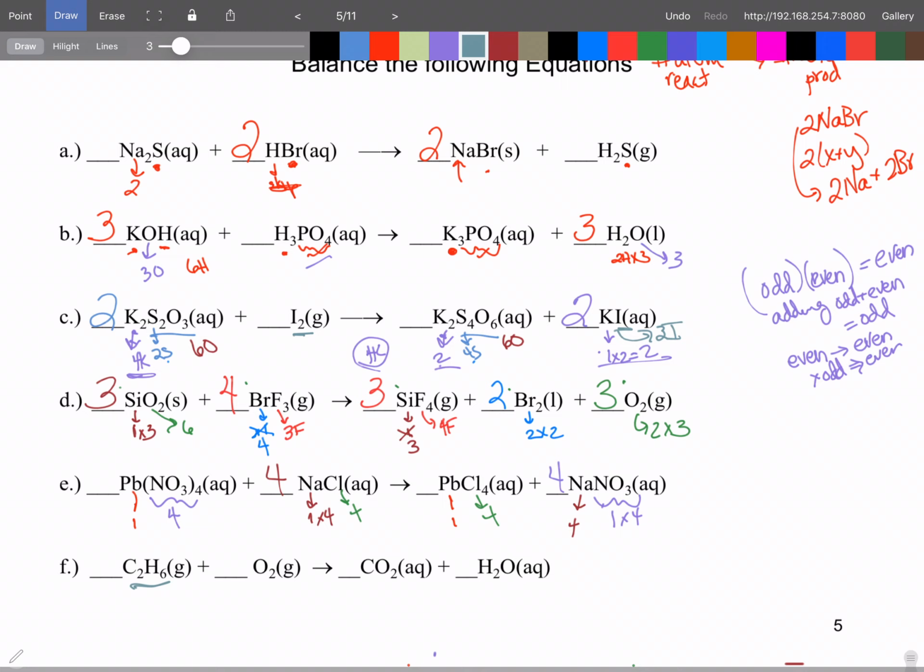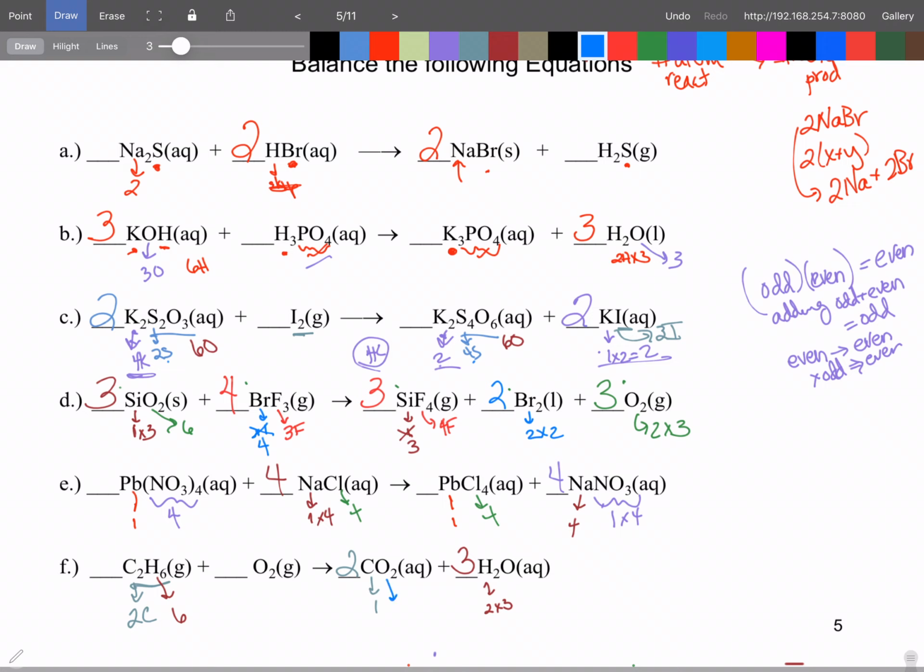So here we go. We have 2 carbons here. We have 1 carbon here, so we need to multiply this by 2. Okay. Now all we have is hydrogen and oxygen left. So we have 6 hydrogens here. We have 2 hydrogens here, so we're going to multiply it by 3, which gives us 6. That brings us to the oxygens.